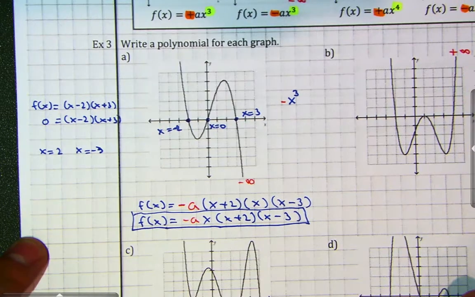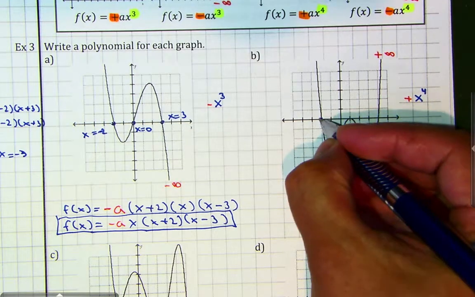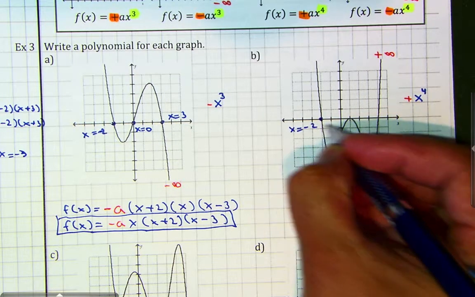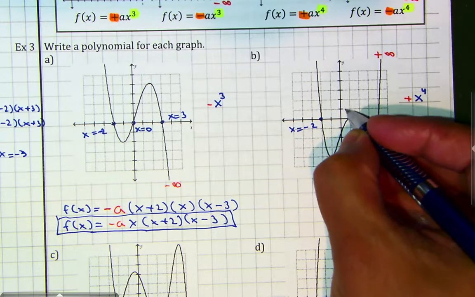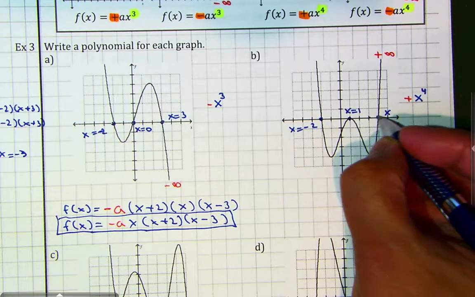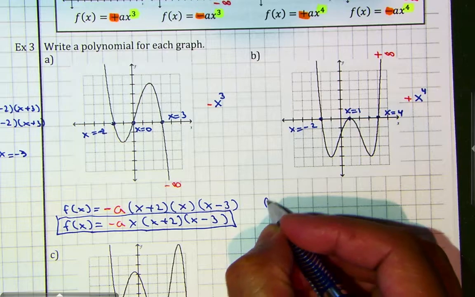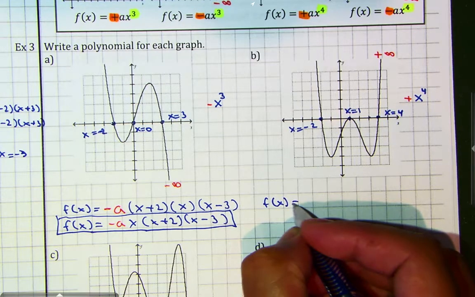So let's try the same thing with letter B. This is x equals negative 2, x equals 1, and x equals 1, 2, 3, 4. So now write down f of x equals.